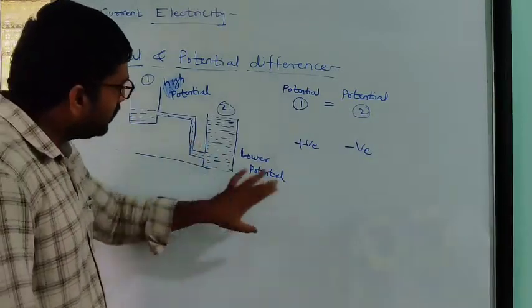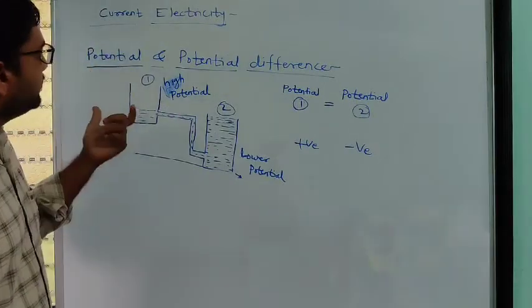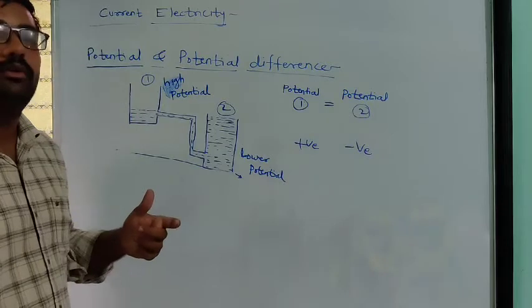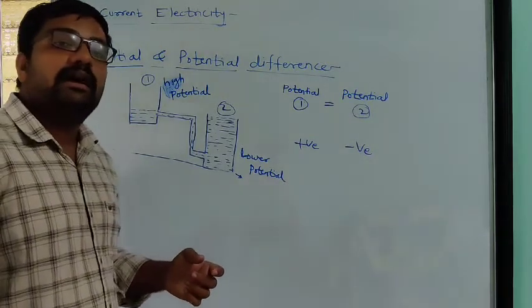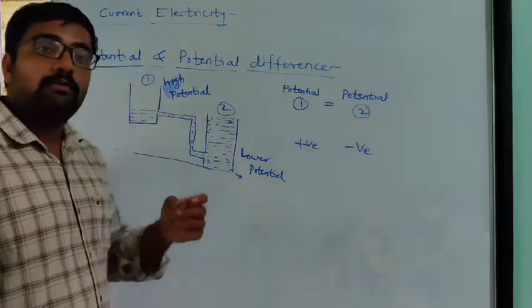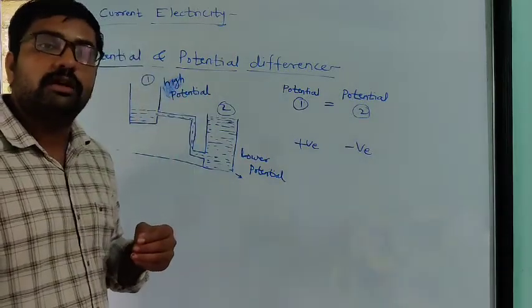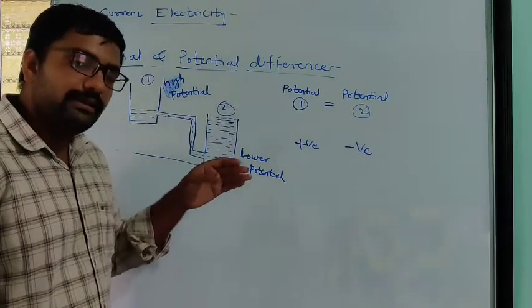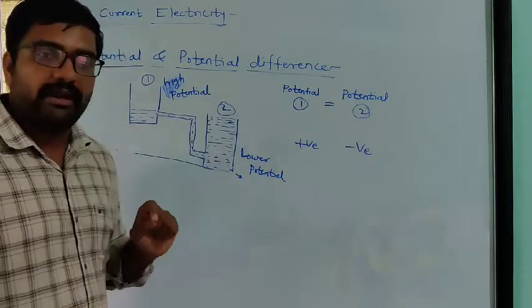So first of all you have to remember this concept of water. Water flows from higher potential to lower potential, and in the same way electric charges also flow from higher potential to lower potential. That is the direction we actually show, positive to negative of the battery.